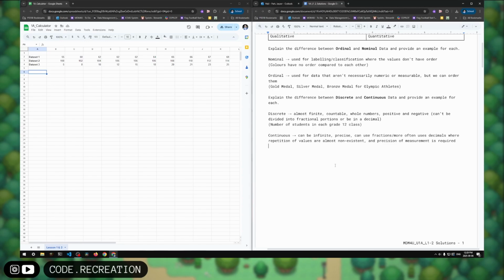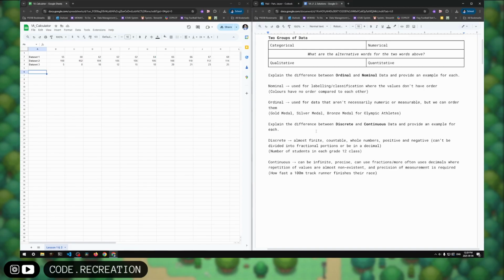For example, how fast a 100-meter track runner finishes their race. In this scenario, if everyone got 9 seconds, there would be no differential. We get into the decimal points, the exact value, and so we often call that continuous numeric data, where we really need very precise measurements for each data point that is recorded. Awesome. So those are our answers for that question.